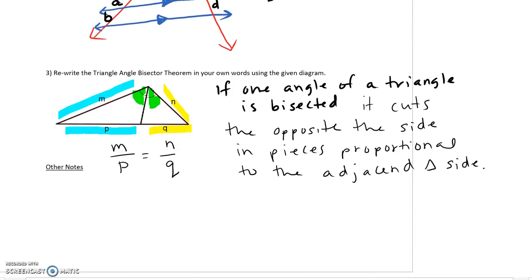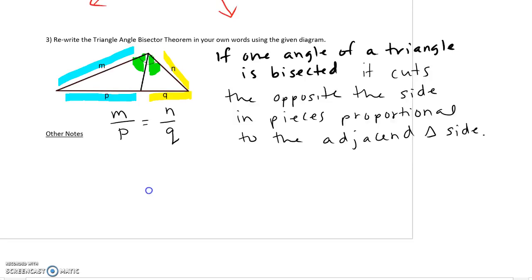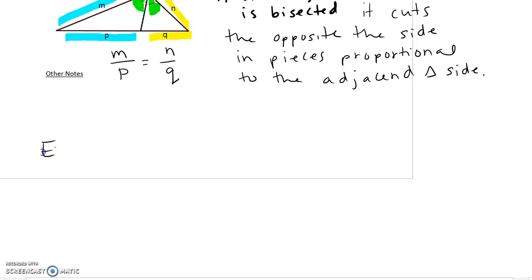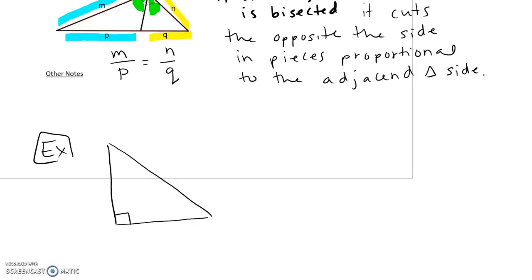I'm going to do just a couple examples. So, example. I have a right triangle, and a line was drawn.